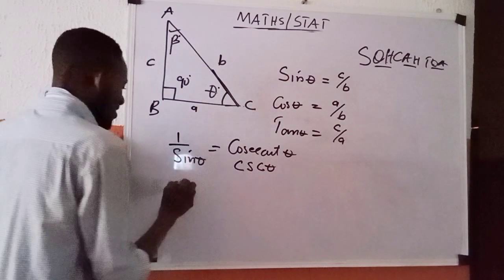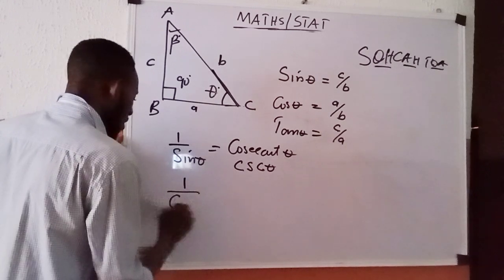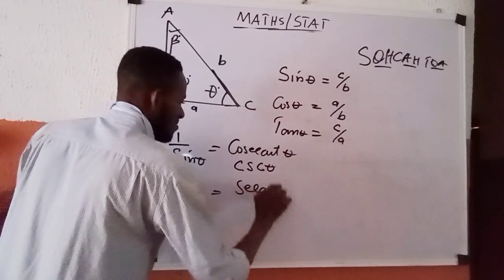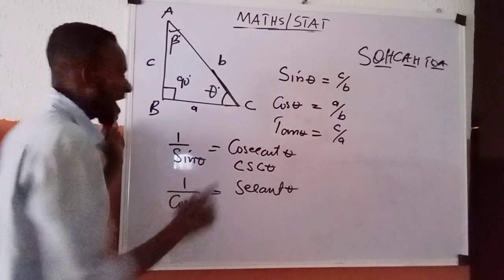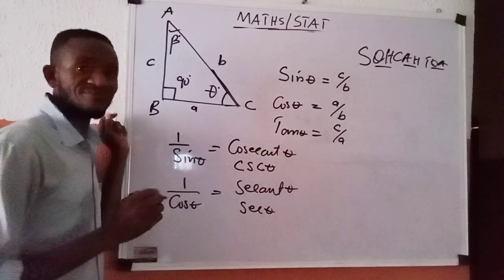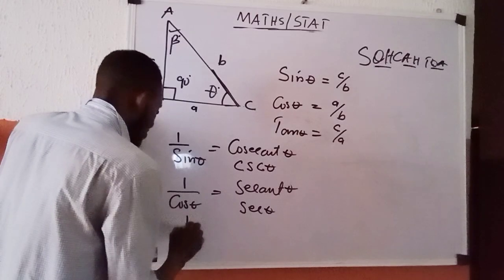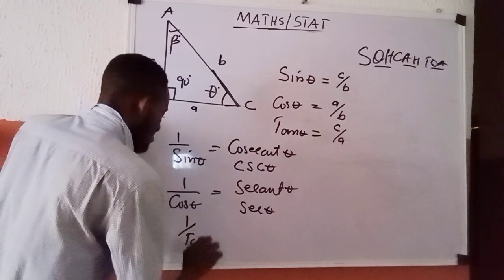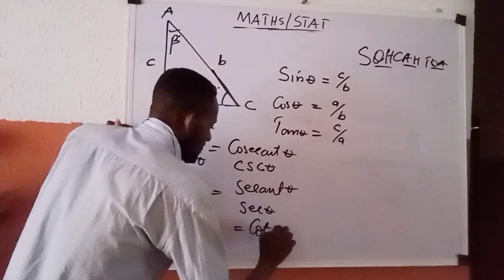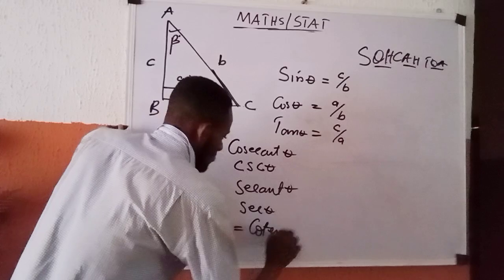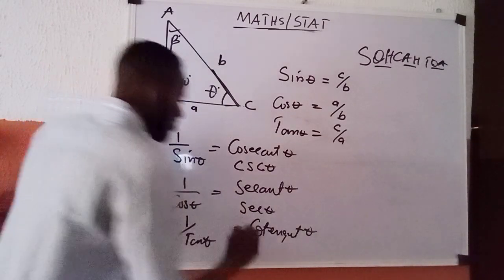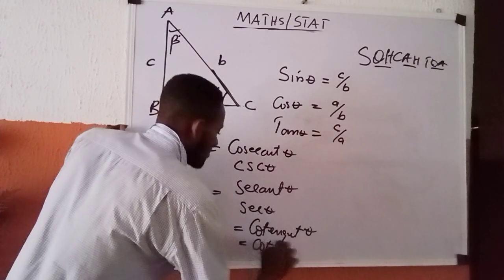We are equally told that 1 all over cos theta is given as secant theta, always written as sec theta. And then 1 all over tan theta is given as cot or cotangent theta, often written in a short form as cot theta.